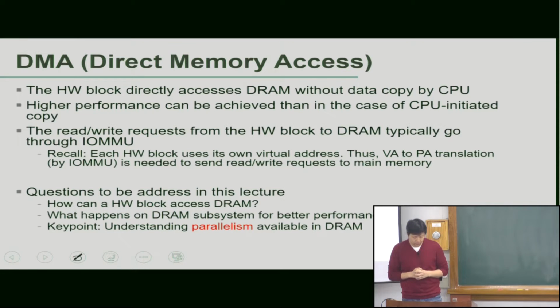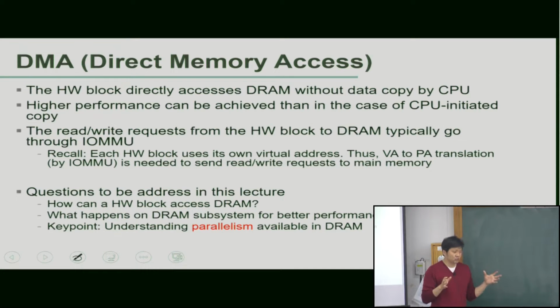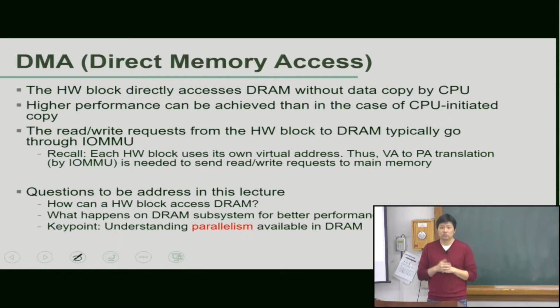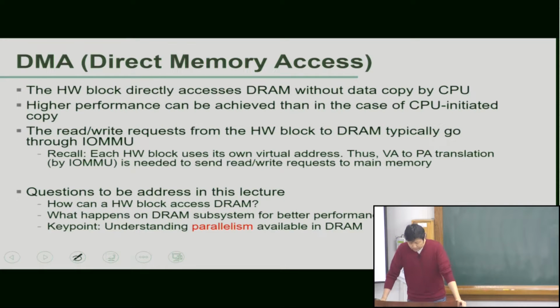Then the block of data is copied from DRAM to the IP block, or from the IP block to DRAM, without intervention of the CPU. That's the idea of DMA, which is pretty widely used. By using DMA, higher performance can be achieved than when using a CPU. And these read and write requests from the hardware block typically go through the IOMMU.